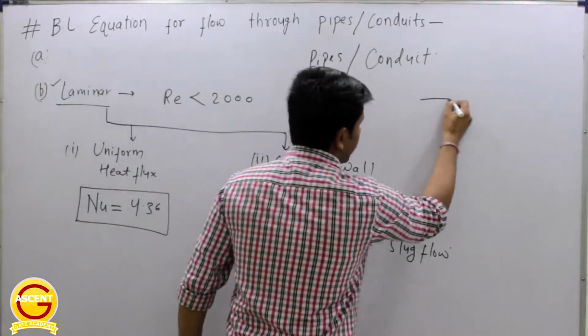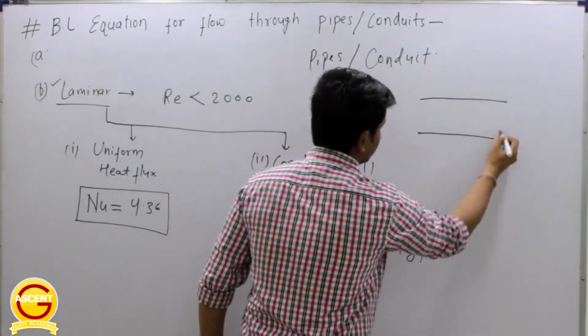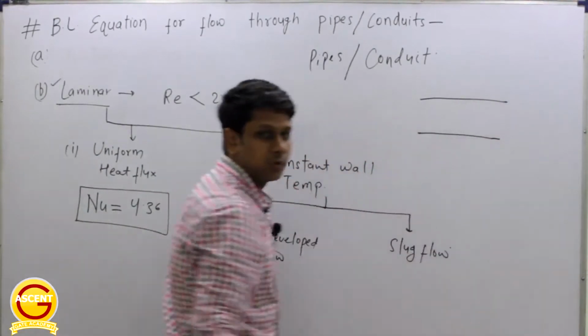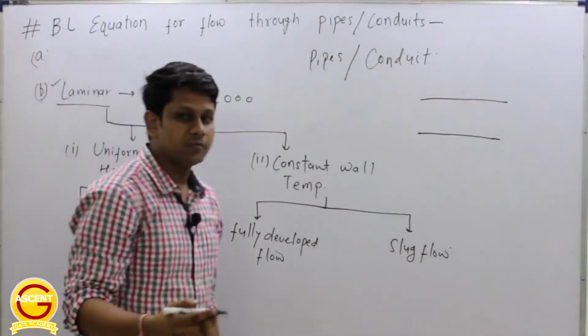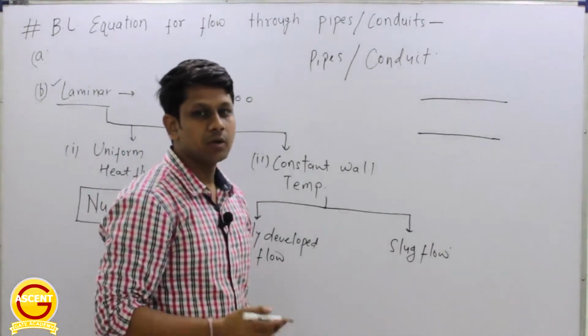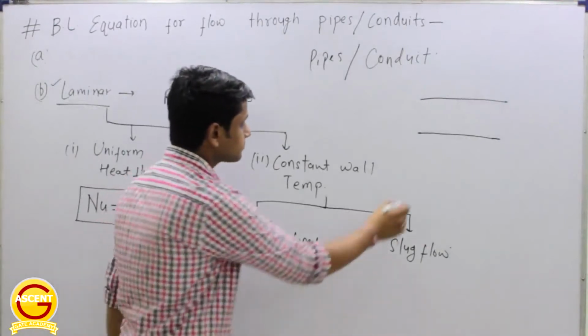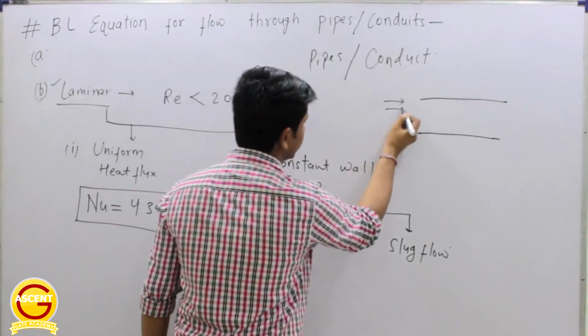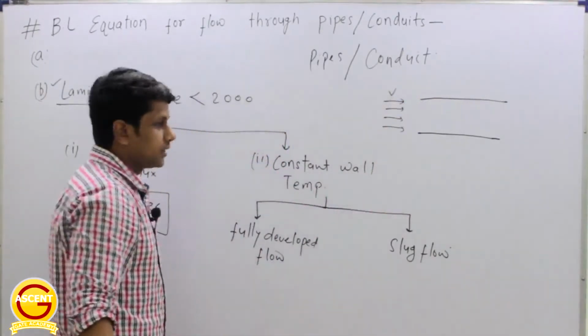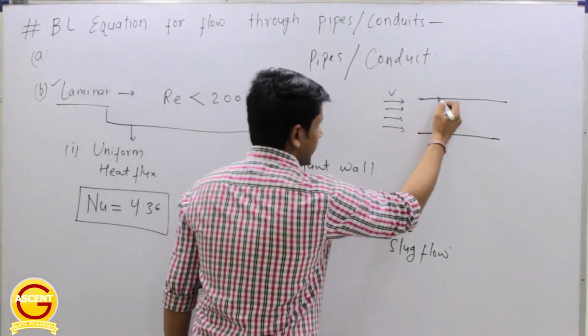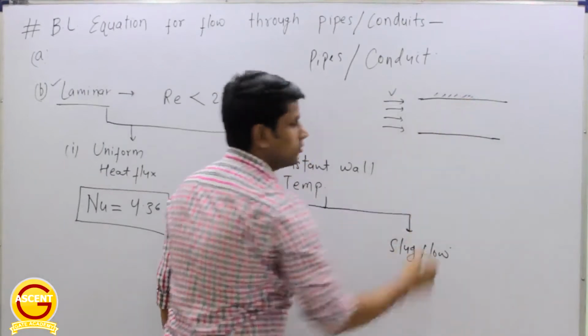Let's say there is a pipe and inside it some flow is occurring, right? And we have discussed the phenomena of velocity boundary layer or hydrodynamic boundary layer. So let's say some fluid enters this pipe at a velocity v, right? So as this pipe is fixed, this is not moving.